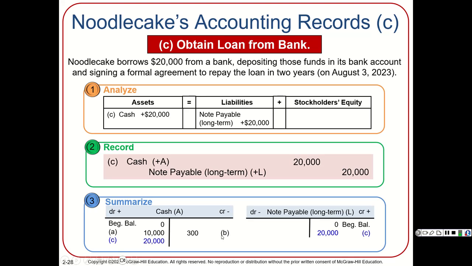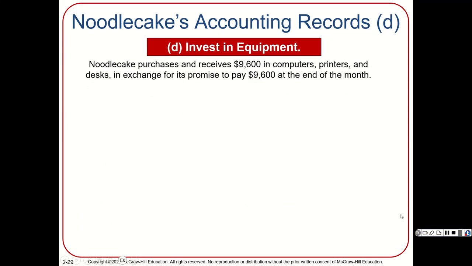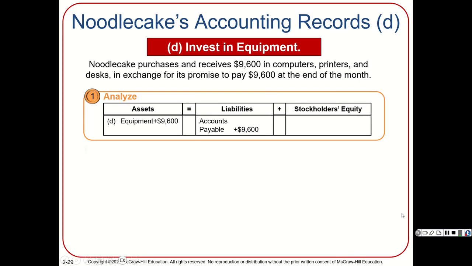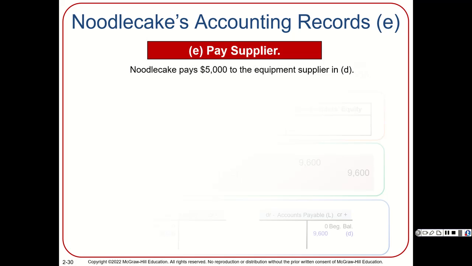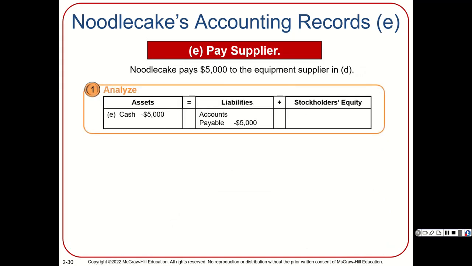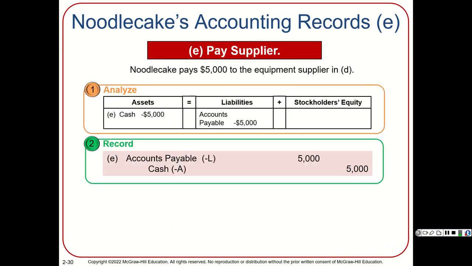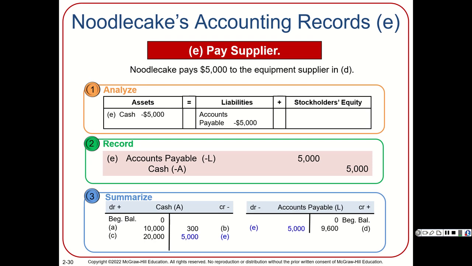The letters out to the side represent the letters of the assignment. So this is the purpose of a T account, keeping track of the entire balance of the category or account. Analyze, record, summarize. ARS, keep that in the back of your mind.